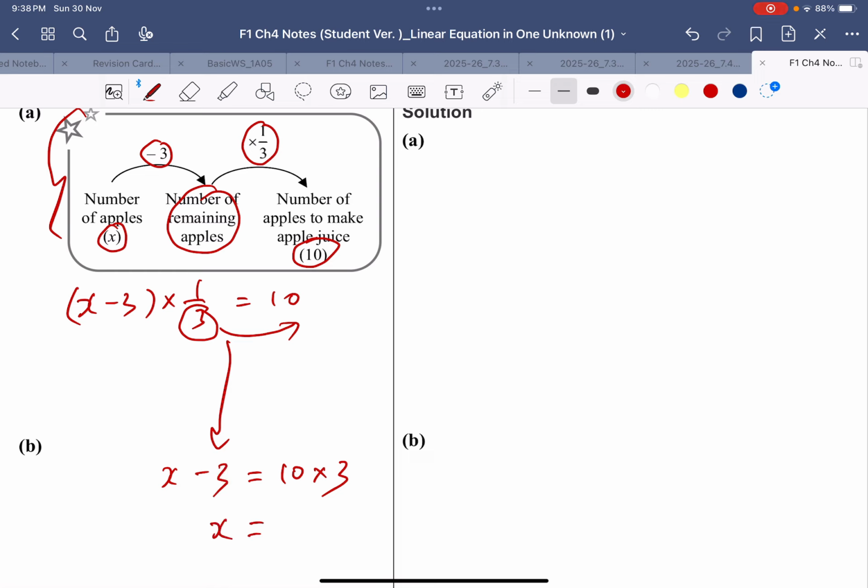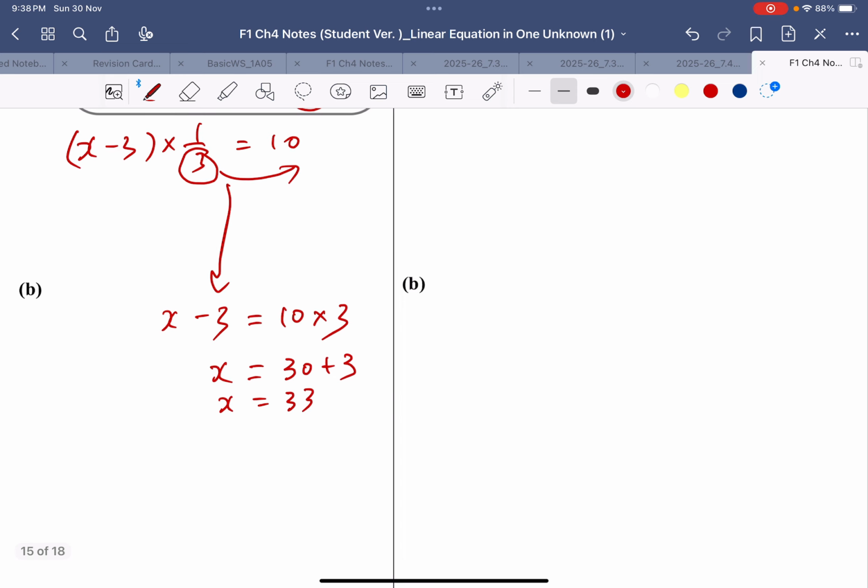And then x will be 33. So the original number of apples that Alan has is 33.